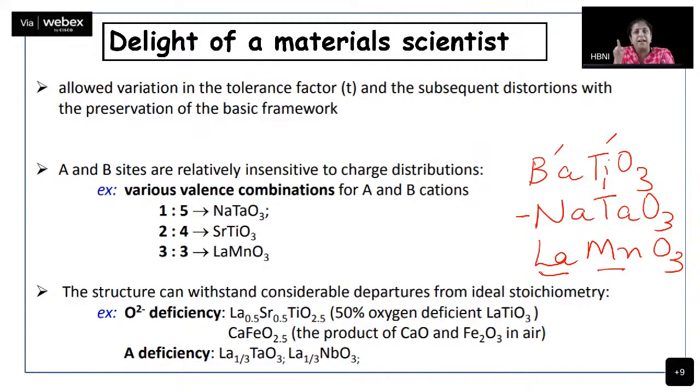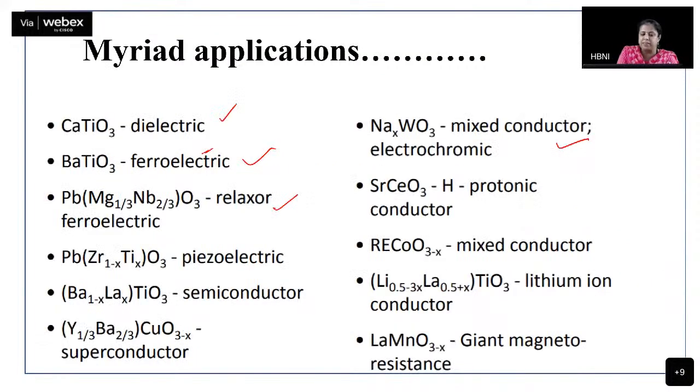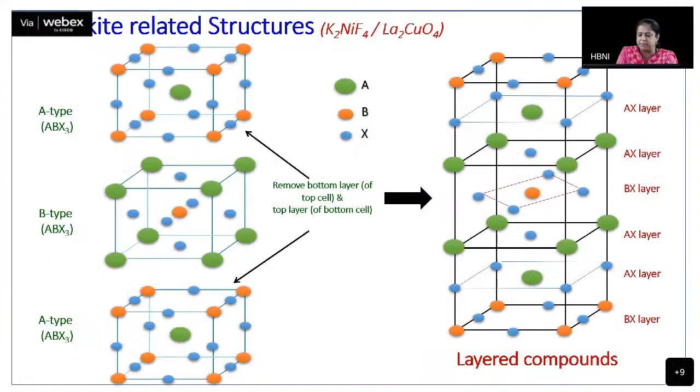Given that the sum of the oxidation states of A and B is 6, you can have 2, 4, 1, 5, 3, 3. So it gives you immense scope to play with the composition, with the structure within the same ABO3 by controlling the tolerance factor. That is an interesting thing about perovskite, and that is the reason this particular class of compound shows a variety of properties.